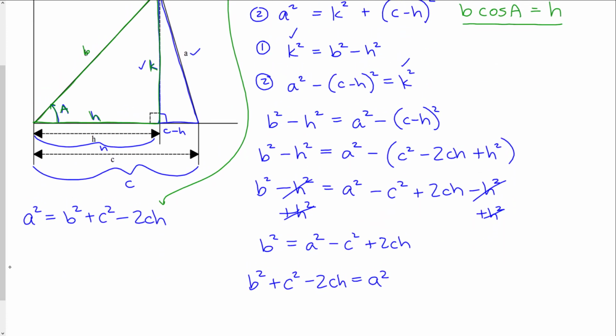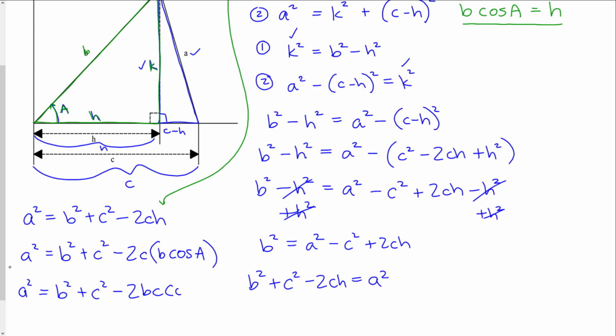Okay, so now I have a squared equals b squared plus c squared minus 2c, and then h is going to get replaced with b cosine A, or finally a squared equals b squared plus c squared minus 2bc cosine angle A. And there we have the law of cosines. So again, it's all just based in right triangle trigonometry. So let's try some examples.